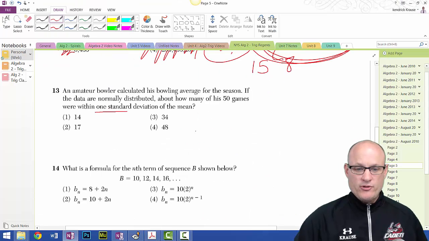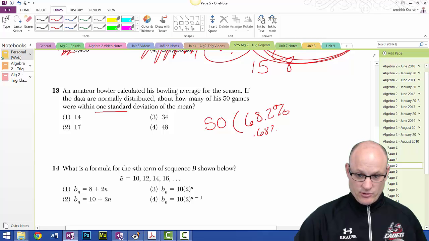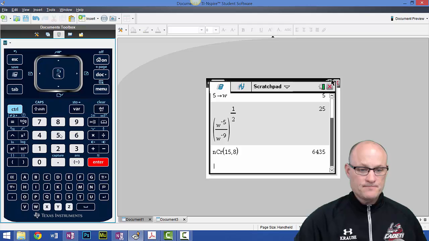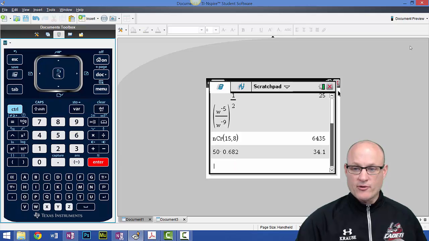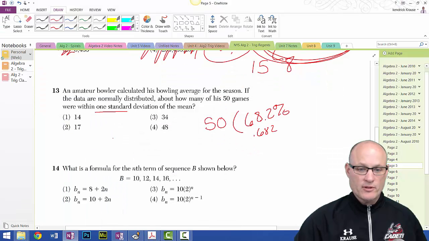So I want to take his 50 games and multiply by 68.2%, which is 0.682. I go over to my calculator, take 50, and multiply by 0.682. It tells me 34 games. So about 34 games. There it is.